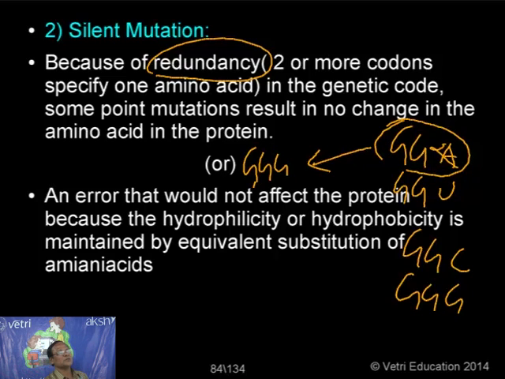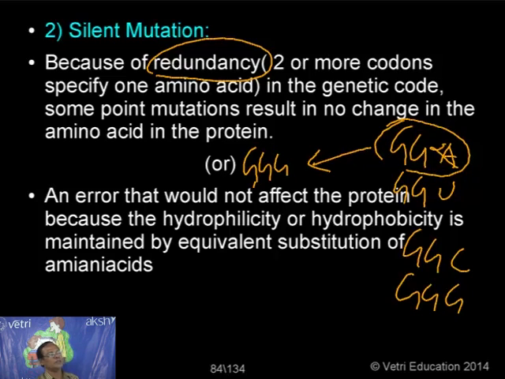The same amino acid has been substituted. There is no change with reference to the hydrophilicity or hydrophobicity of the protein. It is maintained as such because some amino acids are hydrophobic, some are hydrophilic, and that property of the particular protein is maintained because of the equivalent substitution of an amino acid.